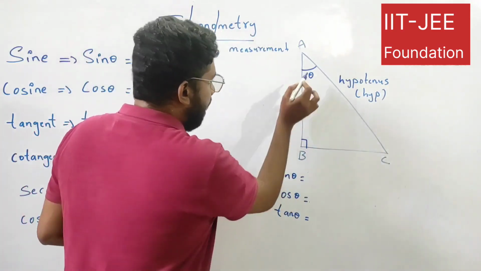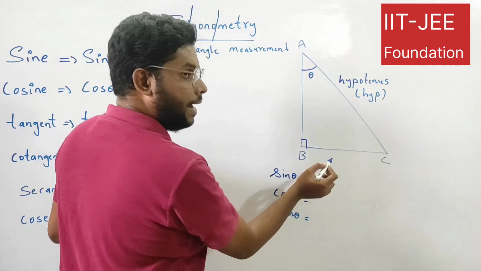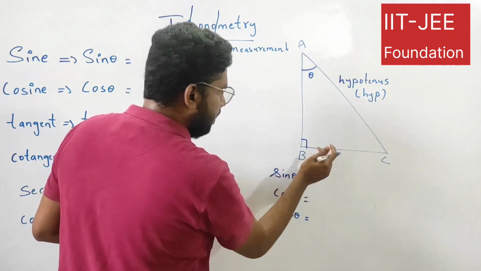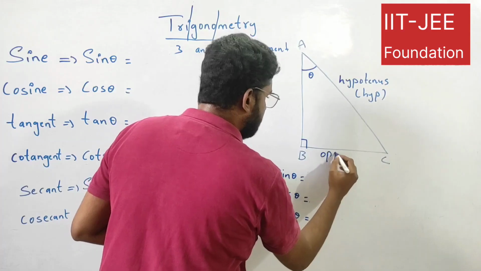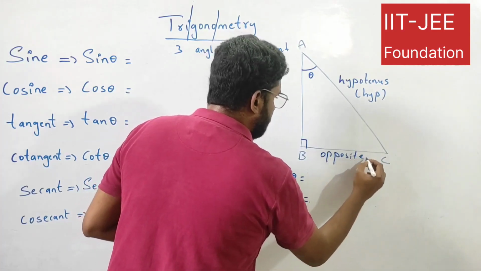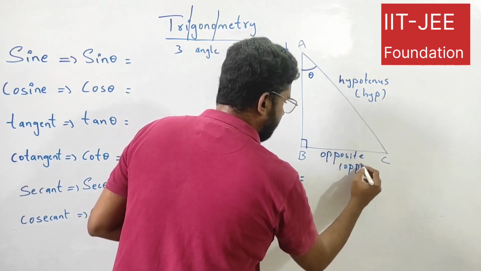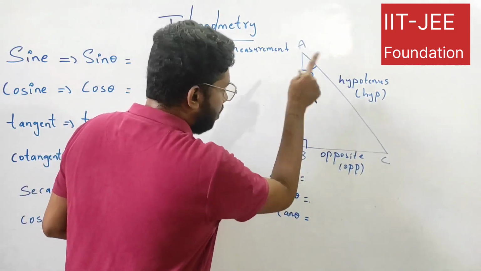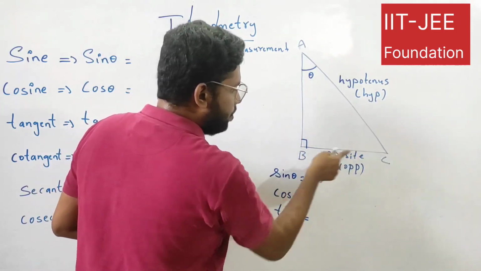Now the side opposite to the angle, which side? That is the BC side, which is opposite to the angle, and is considered the opposite side, written OPP. Remember one thing, the side which is opposite to the angle is called the opposite side.